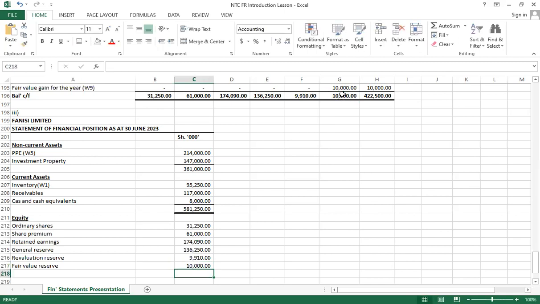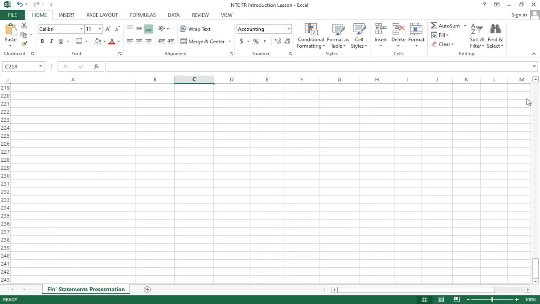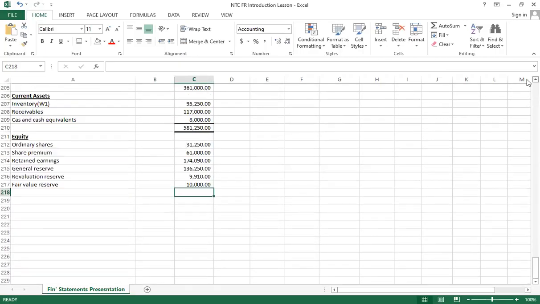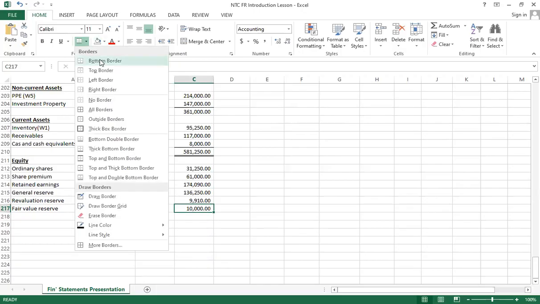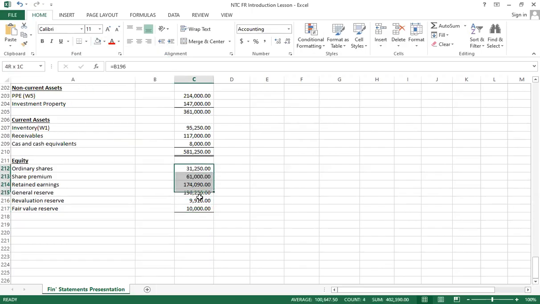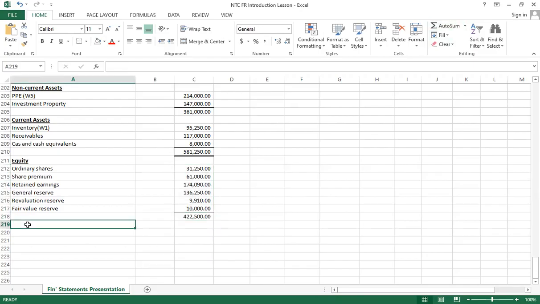When they're added downwards, we have seen a total of 422,500. So very simply, we get that from the statement of changes, and that is it.